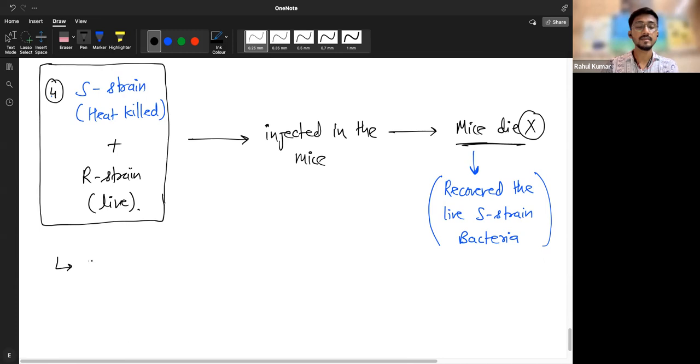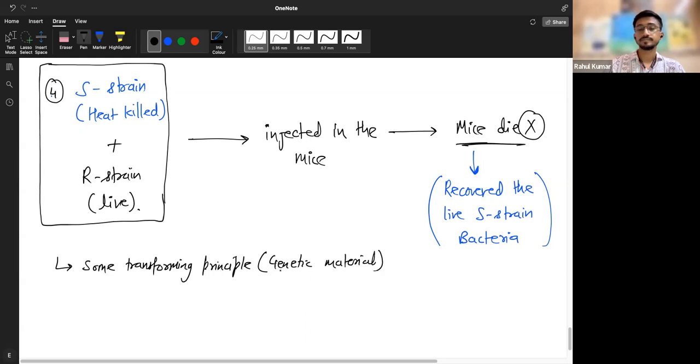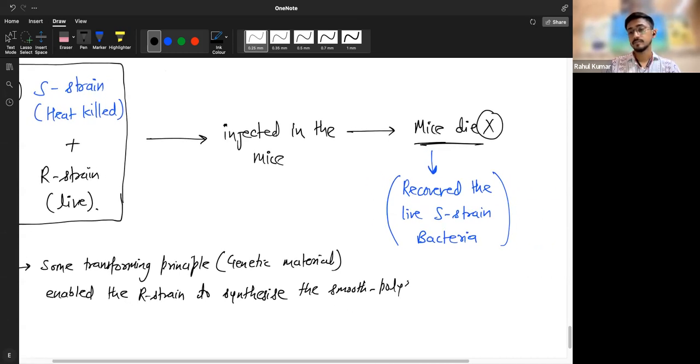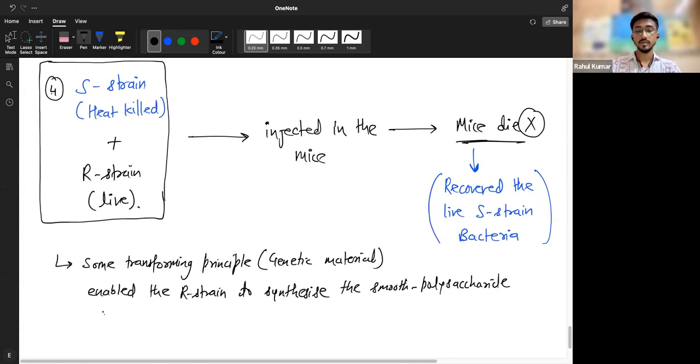Okay, this was known. So what he proved through this experiment is that some transforming principle, which he said is genetic material, enabled the R strain to synthesize the smooth polysaccharide coat and become the S strain.